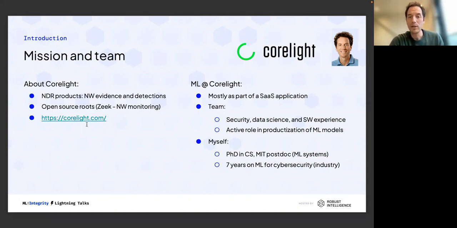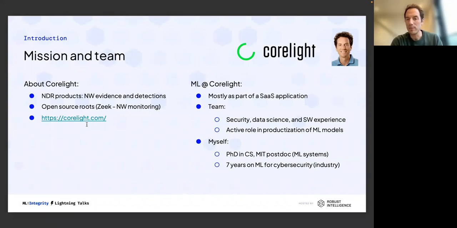When it comes to machine learning at Corelight, the machine learning models we develop are mostly part of a SaaS application. And the team that is building those models has a mix of experiences. To create those models in the network security domain, we need security experts that are well aware of the domain. We need data scientists that know how to model the data and how to create accurate models.